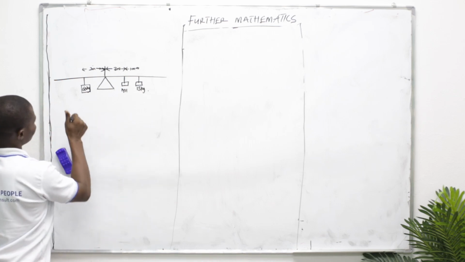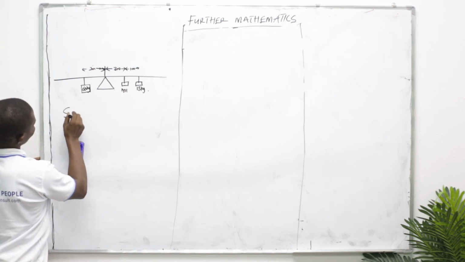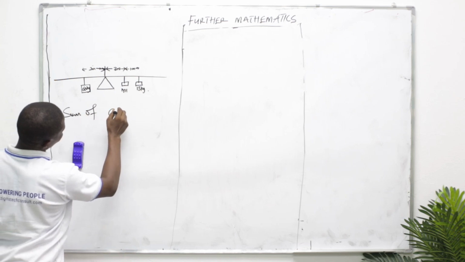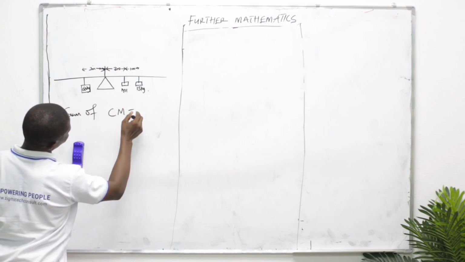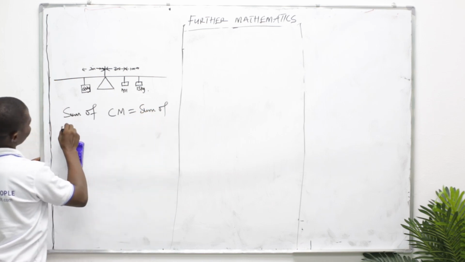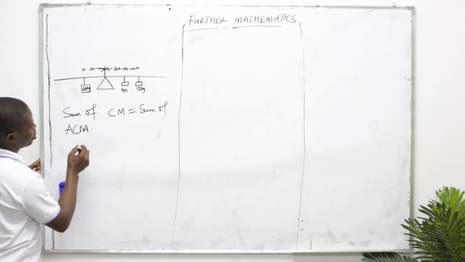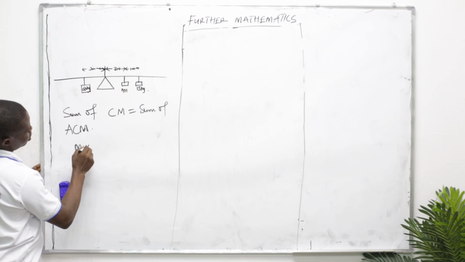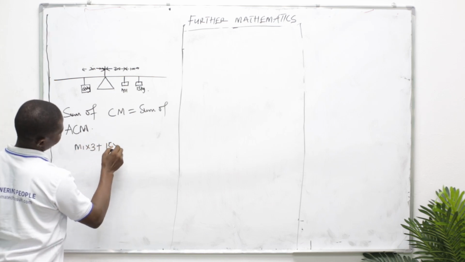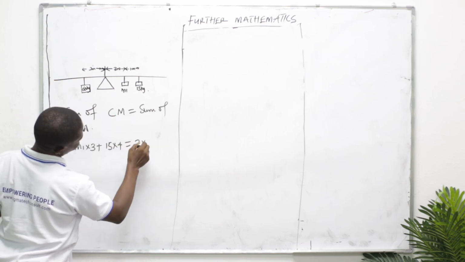first of all, write down the formula. That's sum of clockwise moment equals sum of anti-clockwise moment. Okay, M1 times 3 plus 15 times 4 equals 2 times 60.